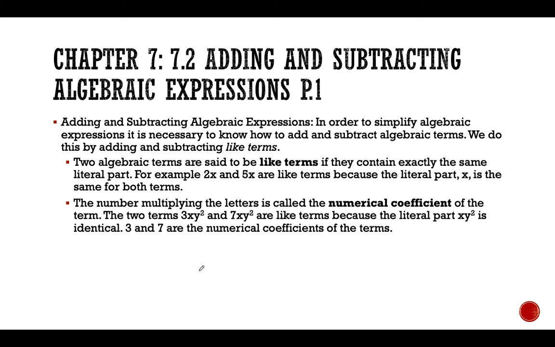The number that multiplies the letters is called the numerical coefficient of the term. The two terms, 3xy squared and 7xy squared, are like terms because the literal part, xy squared, is identical. The 3 and the 7 are the numerical coefficients of those terms.